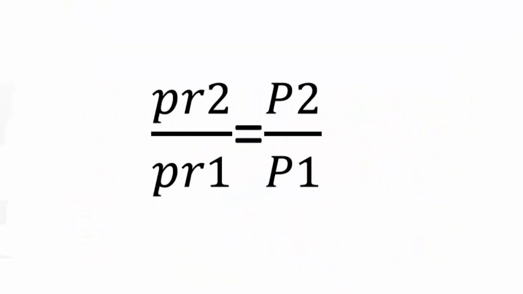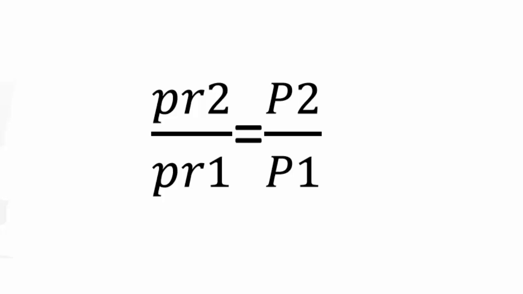To find the second enthalpy, first we need to find the relative pressure of the second stage. To find that, we have to use this formula. As you can see, the relative pressure of stage 2 divided by the relative pressure of stage 1 is equal to the absolute pressure of stage 2 divided by the absolute pressure of stage 1.